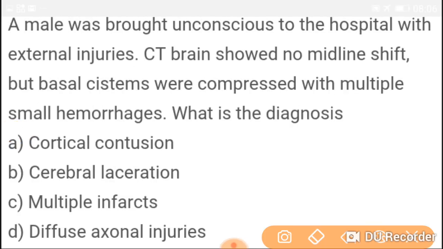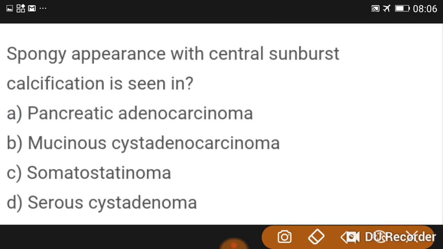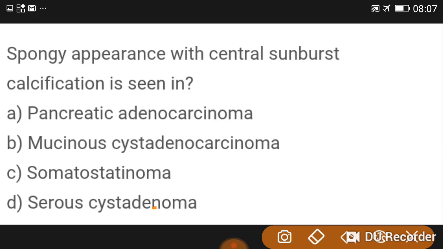A male was brought unconscious to the hospital with external injuries. CT brain shows no midline shift, but basal cisterns were compressed with multiple small hemorrhages. What is the diagnosis here? Diffuse axonal injury. Spongy appearance with central sunburst calcification is seen in serous cystadenoma.